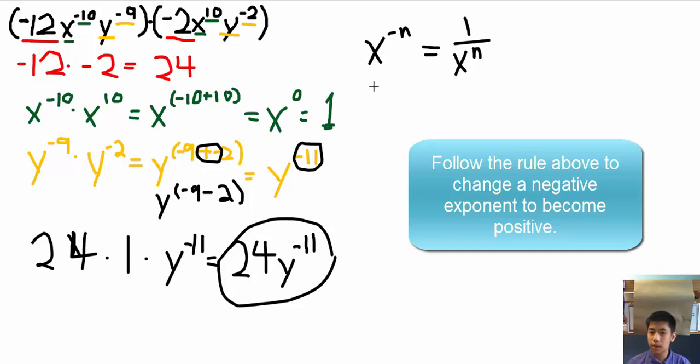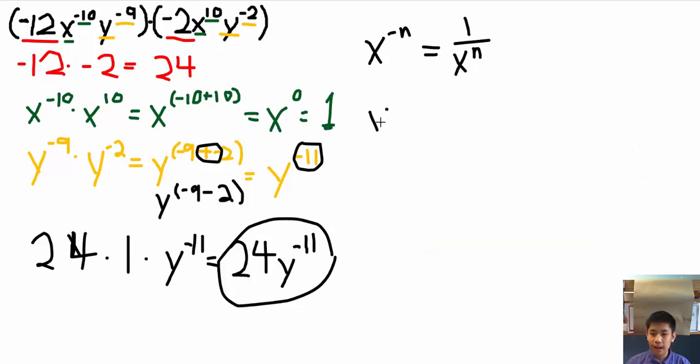This rule is extremely important when we're trying to convert from negative exponents to positive. Applying this rule to y to the negative 11th, we can plug in y for x and 11 for n.